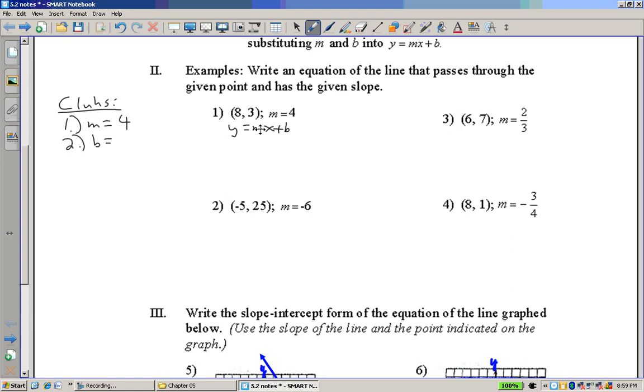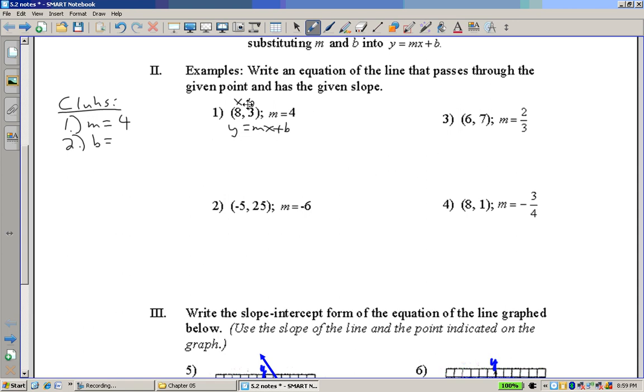Now, if you're a detective and you're given some kind of information here, we want to figure out what exactly to do with that. Now, this 8 and the 3, we could think of that as an x and a y. So how can we use an x, a y, and an m? Well, we could just plug it into this formula.